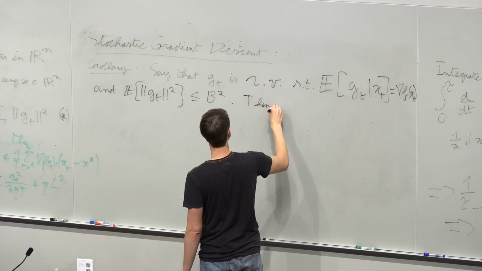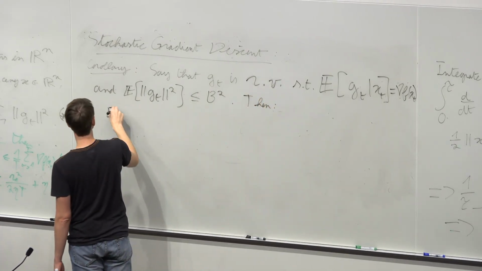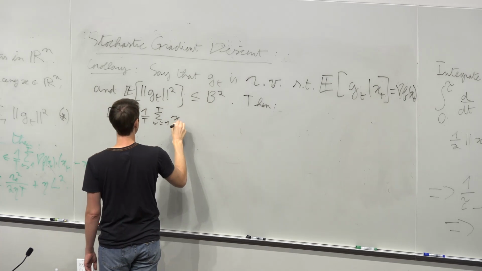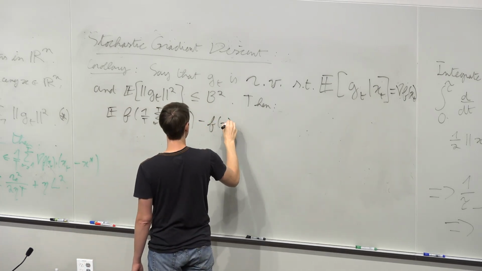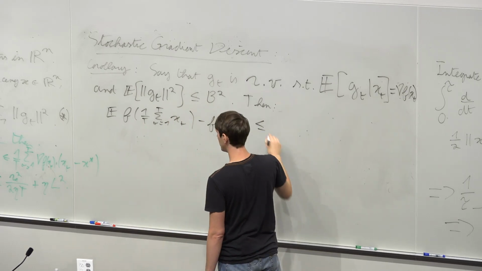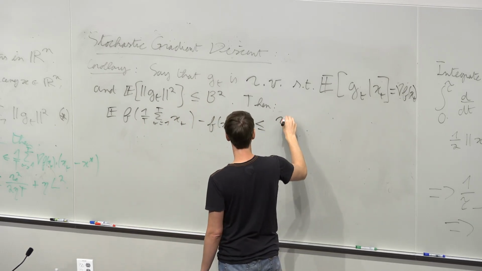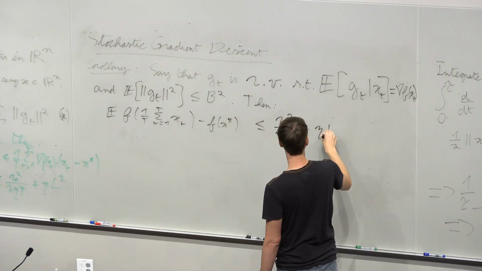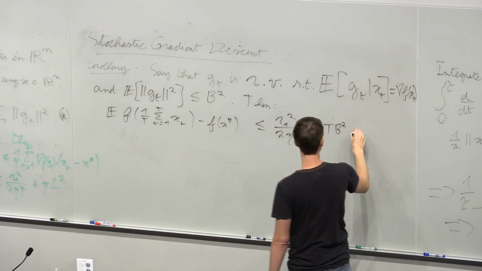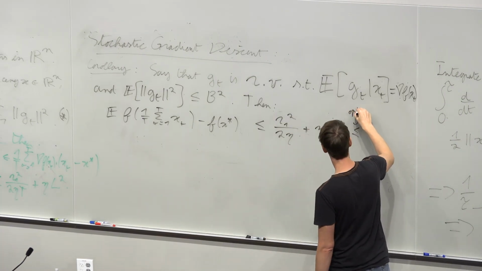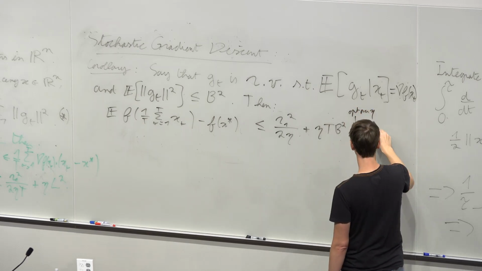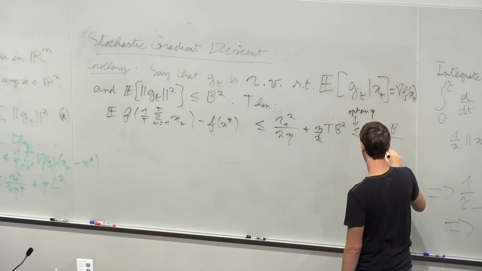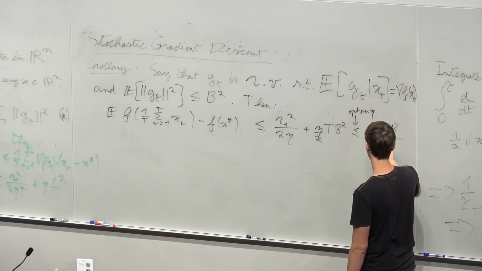Then the expected value of f at the average point minus f of x star is upper bounded by exactly the same thing as before, r1 squared over 2 eta plus eta t b squared, which, if I optimize over eta, is upper bounded by r1 b over square root t.